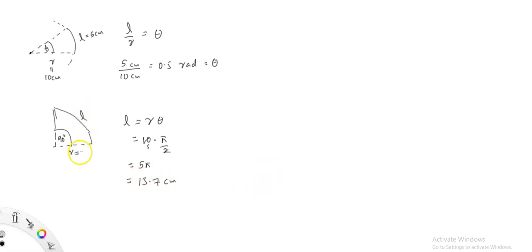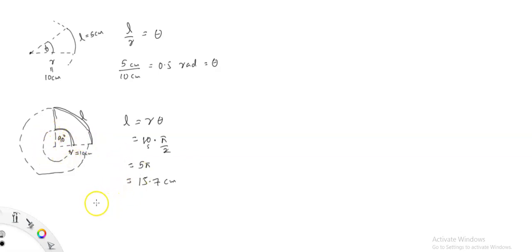If this is 10 centimeters, if it is making a 90-degree angle, this arc length will be 15.7. What will be the length of the entire circle? This is 1/4 of it, right? 90 degrees means 1/4 of it. There's another 90 here, another 90 here, another 90 here.